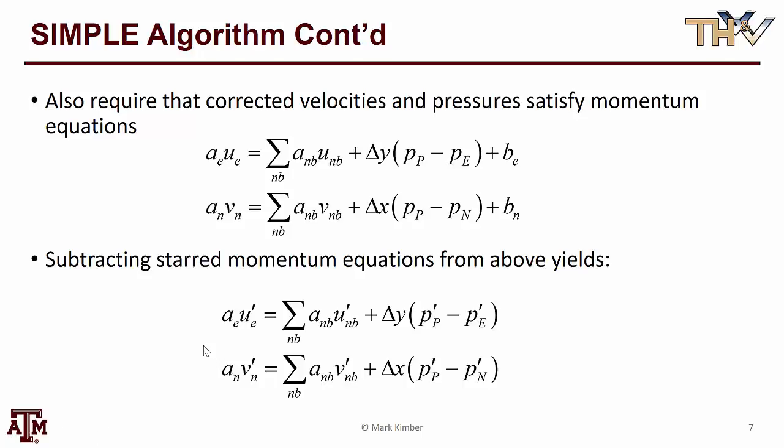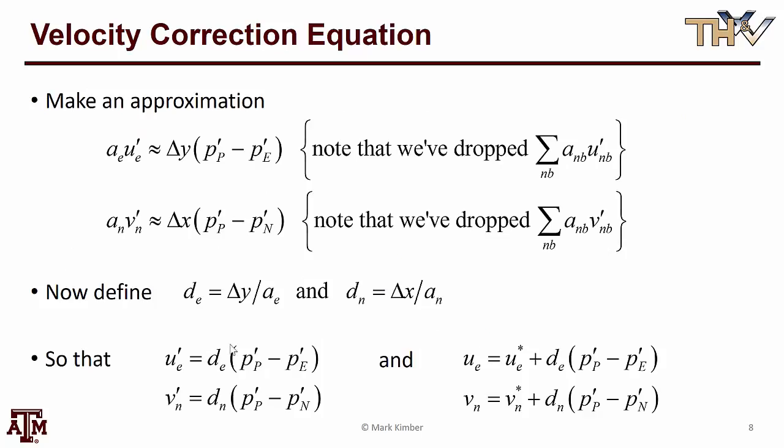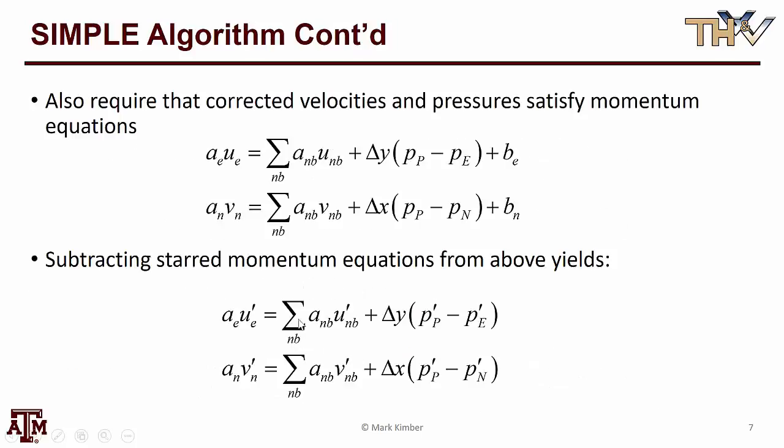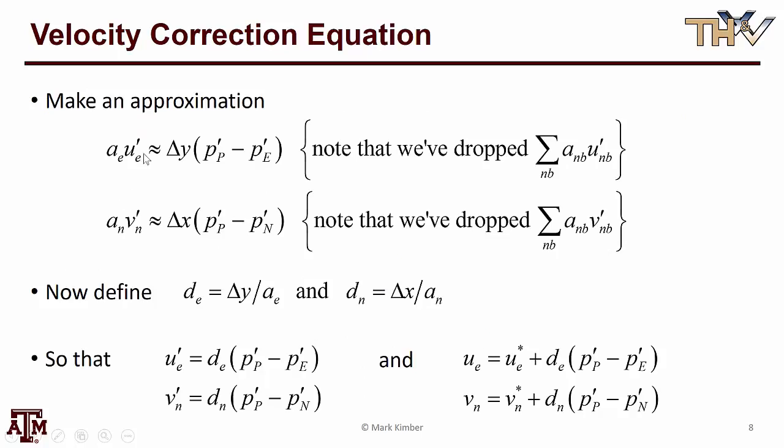And what we do is we are going to neglect this first term with the velocity correctors, and we're going to approximate these corrector velocities as a function of the pressure correctors. So we drop the additional terms. This greatly simplifies the math, and then we define these additional coefficients for the north and the east in this case.